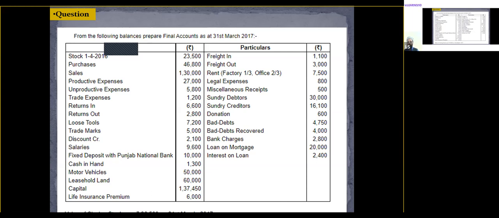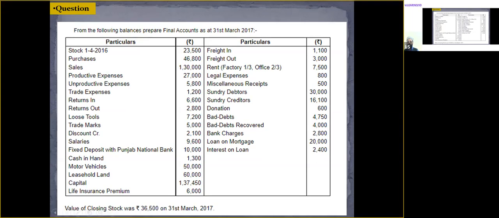Because it is related to production. As it is written in the question itself that it is a productive expense, that means it is incurred on the productive activity, production activities. So all expenses incurred on production activity will be recorded in the trading account. Therefore, we will be writing production expenses 27,000 in the trading account on the debit side.